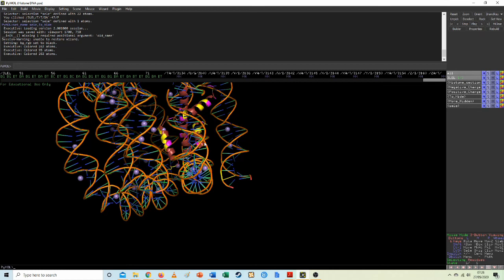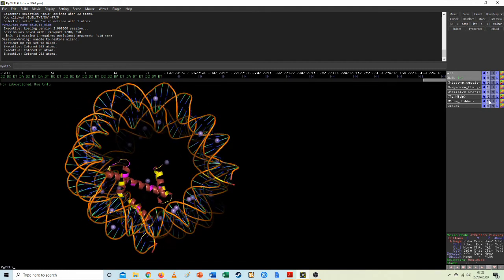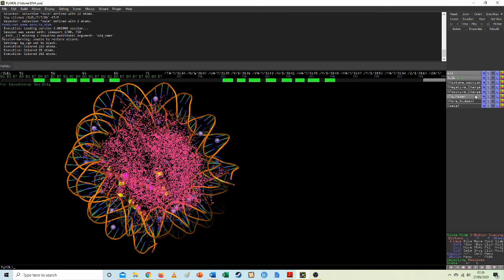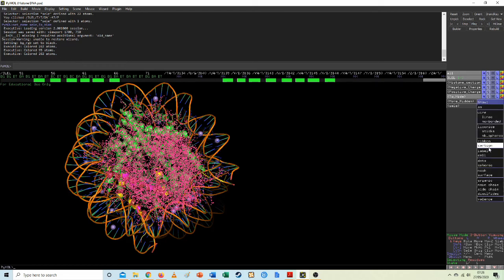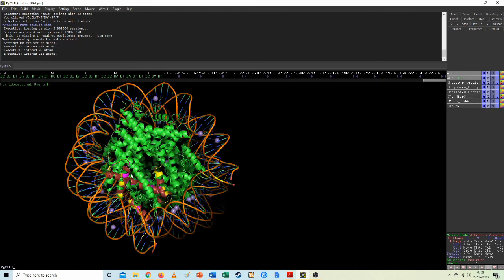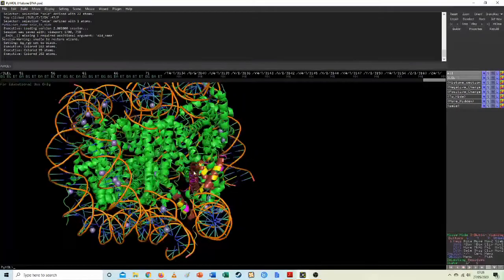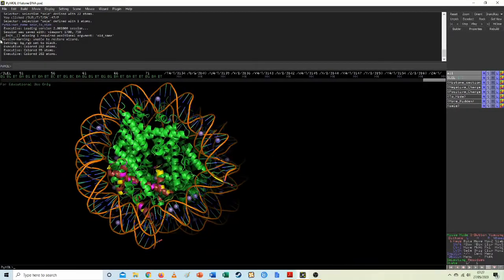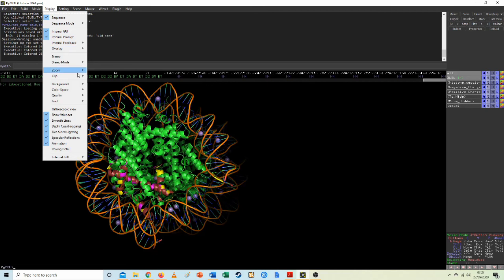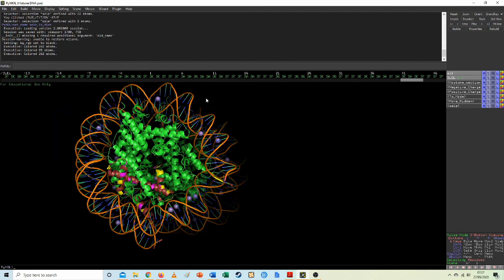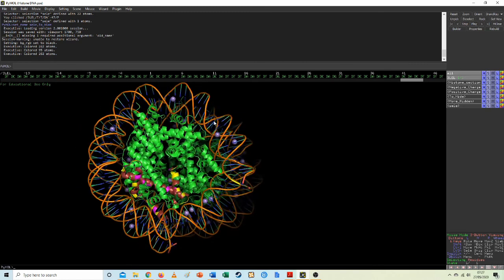So just to reiterate, and I'll go back to showing the rest of our histone protein. The DNA in this case is a ligand. So I wonder if I can center it.